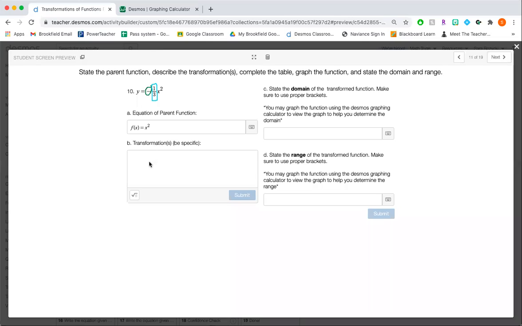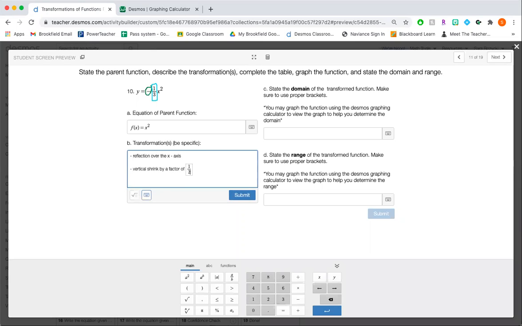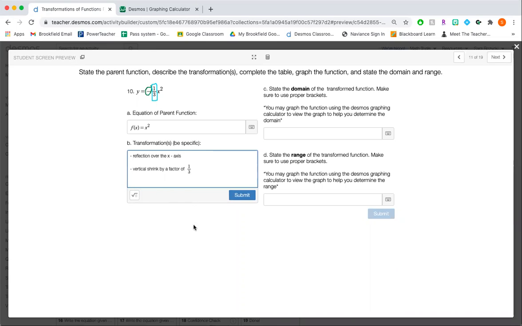The negative out front is my reflection over the x-axis. It's going to turn my graph upside down. And then when I have a 1/3, that is my vertical shrink, because it's my a value and it's between 0 and 1.